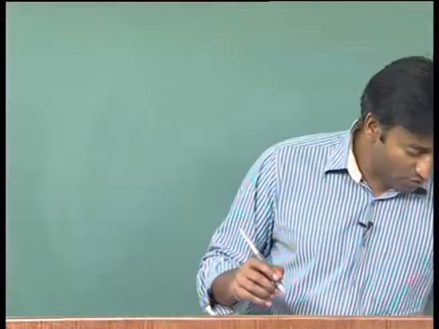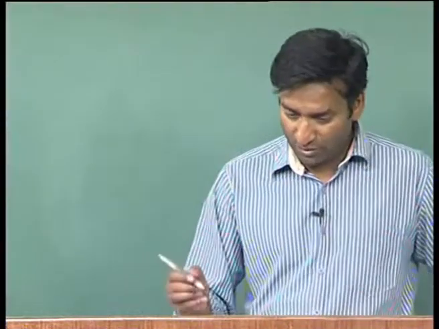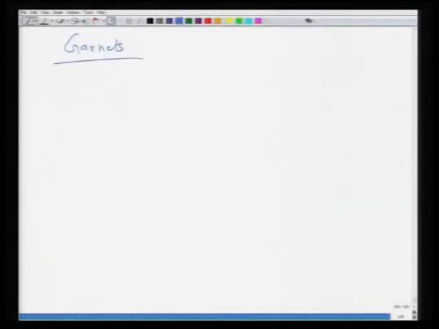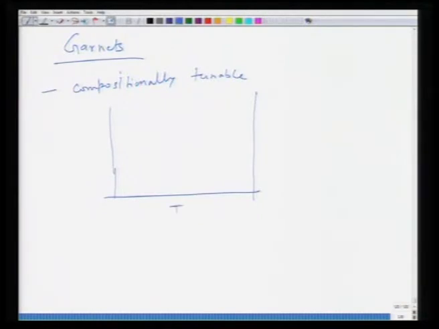Okay, so now another thing we are going to discuss about garnets is that garnets are compositionally tunable. So when you make a plot of the magnetic moment versus temperature, for a variety of materials it changes the Curie temperature or the temperature window of operation, like this.